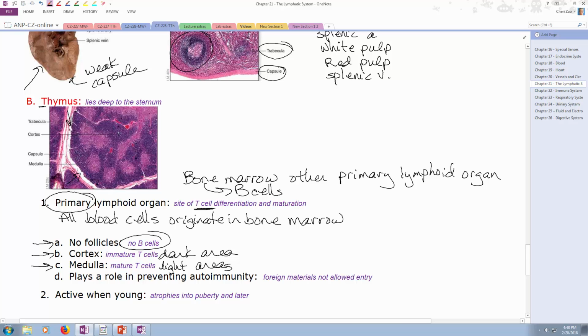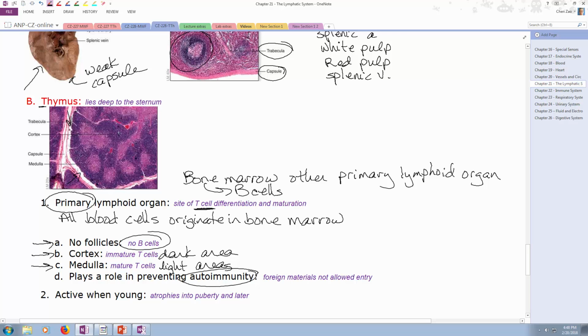The thymus is very important because it plays a big role in preventing autoimmunity. So that's immunity to yourself. And it's really interesting. Foreign materials are not allowed entry because the T cells are being trained to recognize you.